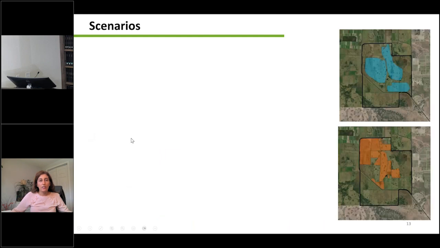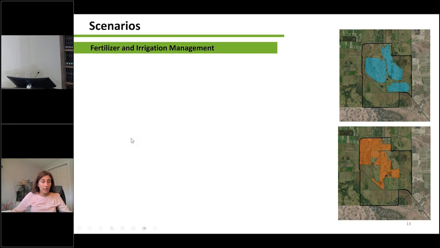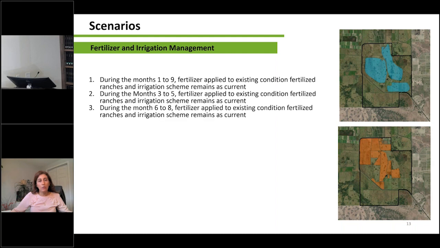So by knowing this, we could say that this model can be used as a base model for this area, and the model is well calibrated. Then we wanted to look at different scenarios.